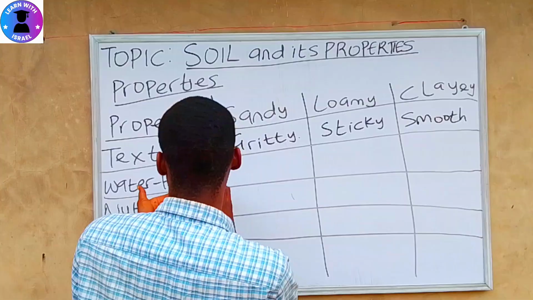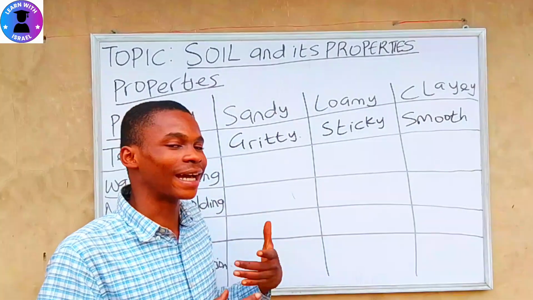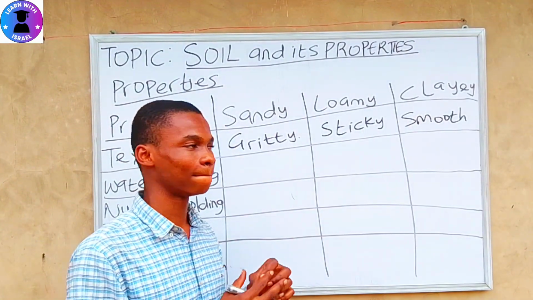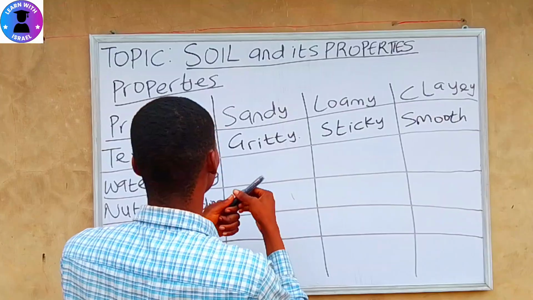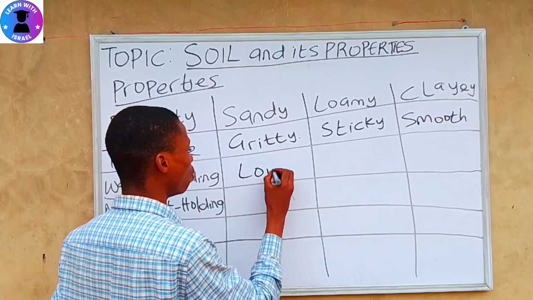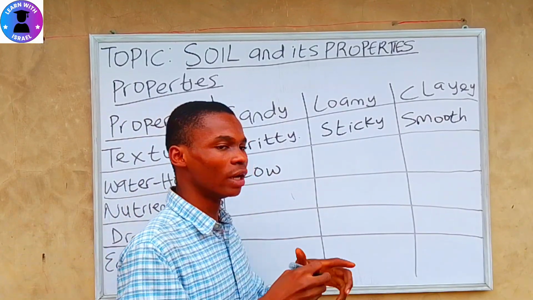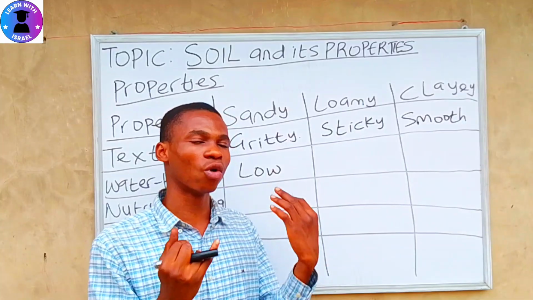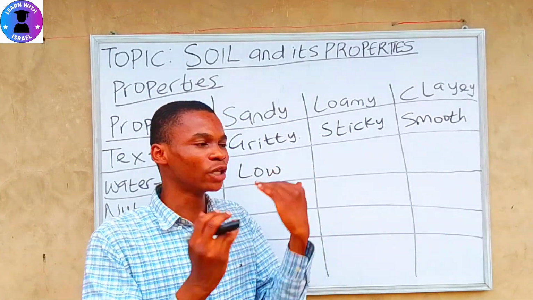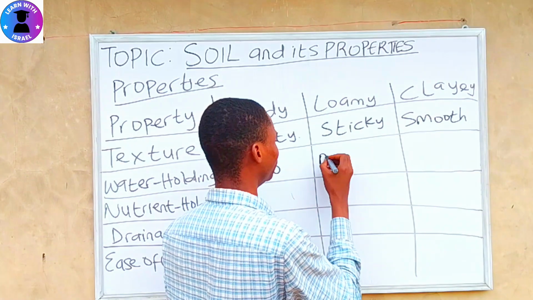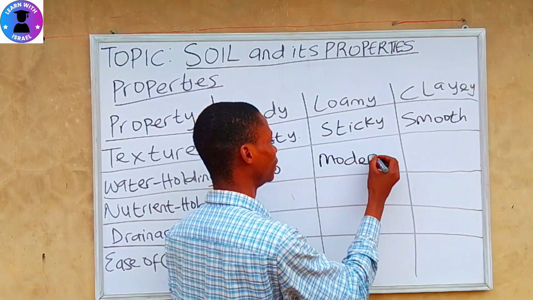So let's check the water holding, how well they can retain water. For sandy soil, it is low. Sandy soil cannot hold water for long because of its texture. For loamy soil, it is moderate. When I say moderate, I mean normal.